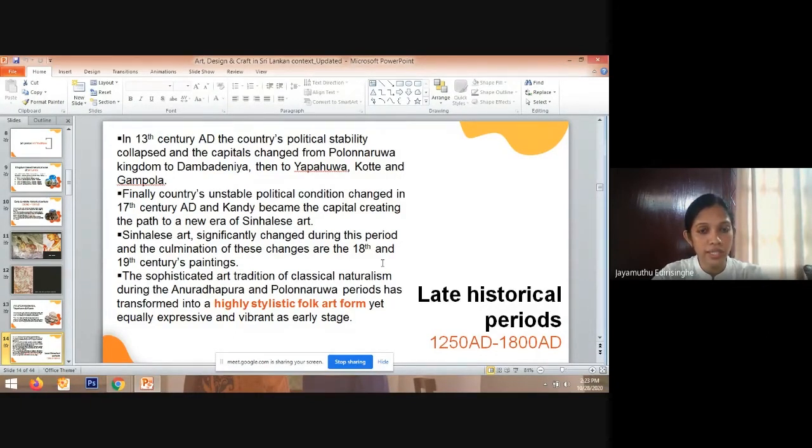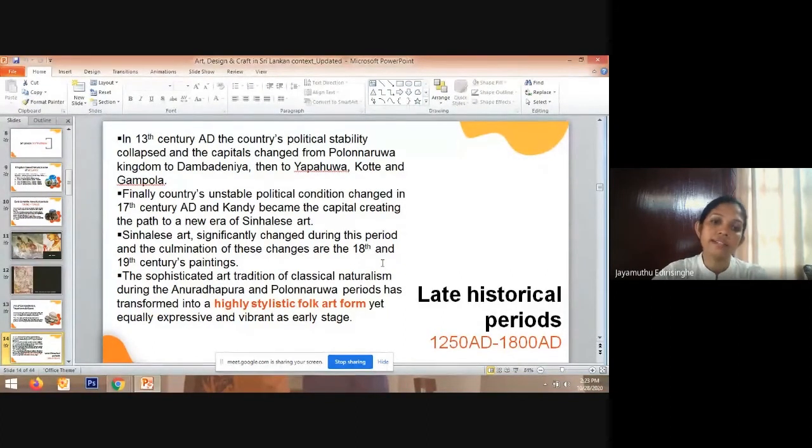Kingdoms changed rapidly, and finally the country's unstable political conditions changed, and in the 17th century AD Kandy became the capital. After Kandy became the capital, even the arts and crafts evolved a lot, and the style changed into a highly stylistic folk art form.